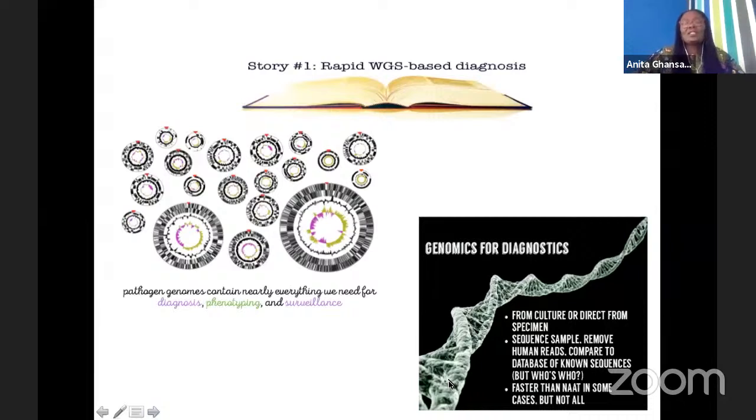We think that we can use whole genome sequencing to help with rapid diagnosis. We believe that the genomes of these pathogens contain almost everything that we need for diagnosis, for phenotyping, and for surveillance. So genomics can be used for diagnostics.